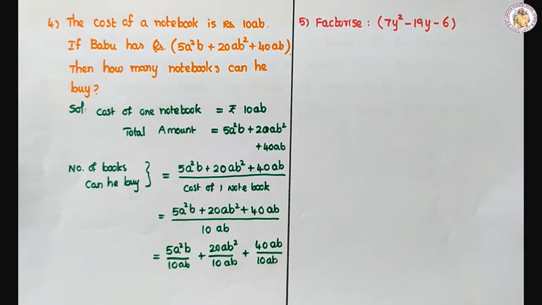Now cancel the numbers. 5 1s are 5, 5 2s are 10. A power 1 is cancelled. Here also a is cancelled. b is cancelled. So what is the balance remaining here? 1 by 2.